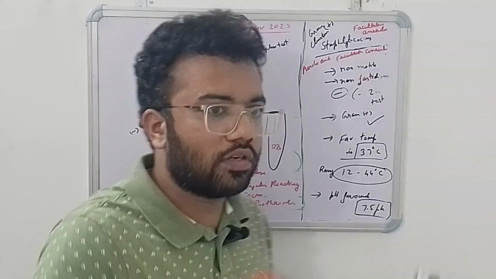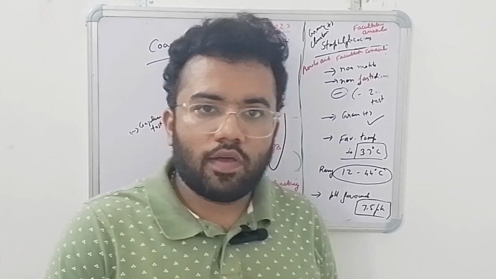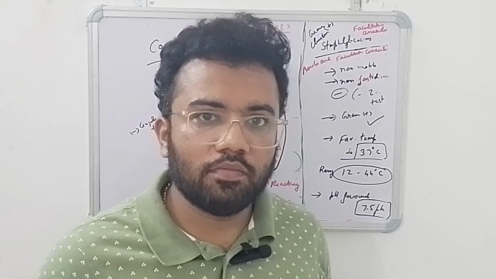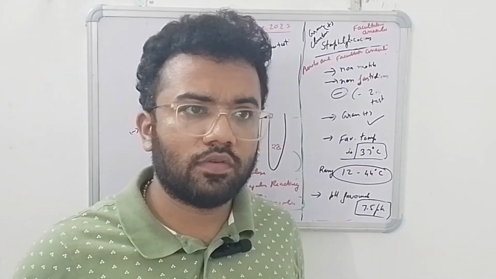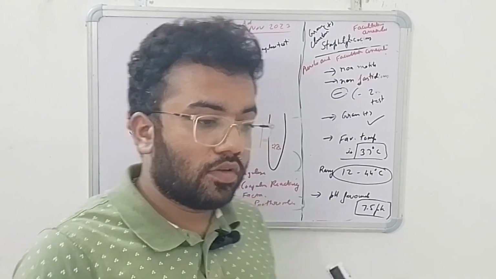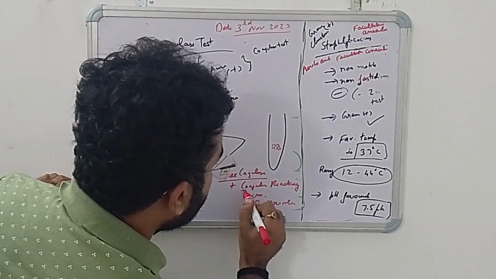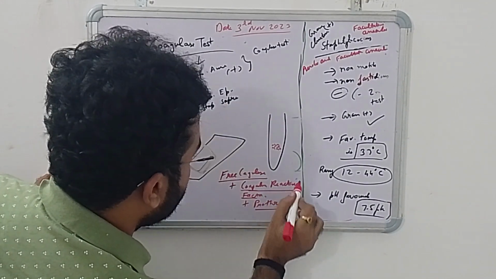If you have studied hematology, you understand that there are 13 factors in the blood clotting process, and the last is fibrinogen. So there is prothrombin, free coagulase, coagulase reacting factor.